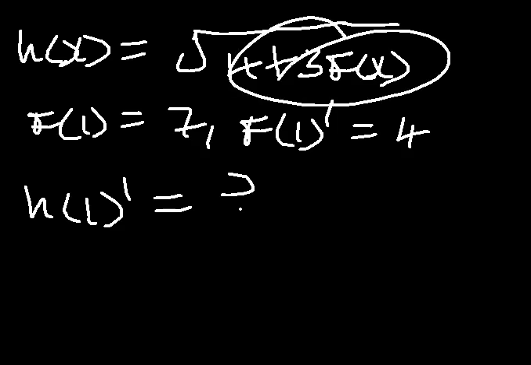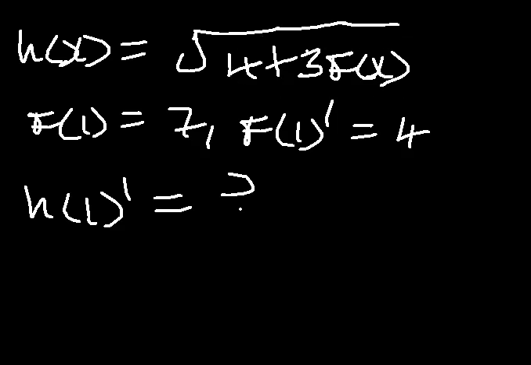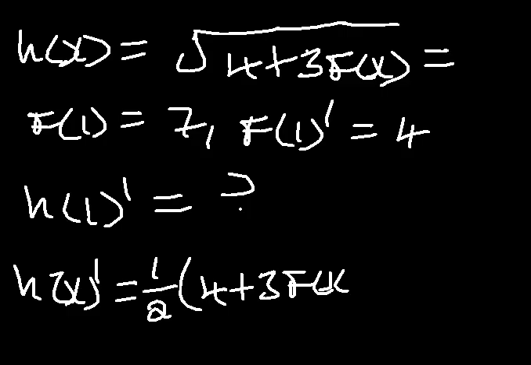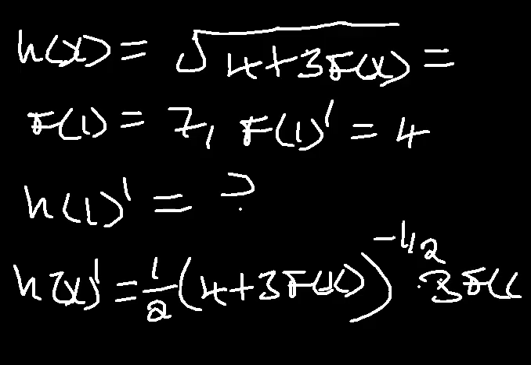So we are going to differentiate this one using the chain rule, in the sense that h of x prime will be given as, we'll write this one with the overall power as a half using the laws of indices. So now using the chain rule we'll have half times the inner function, that is 4 plus 3 f of x, to the power -half, and times the derivative of the inner function. So what is the derivative of the inner function? We have it as 3 f of x prime.